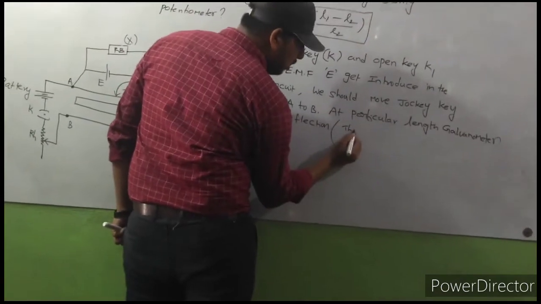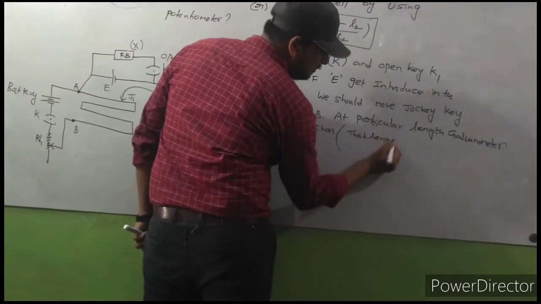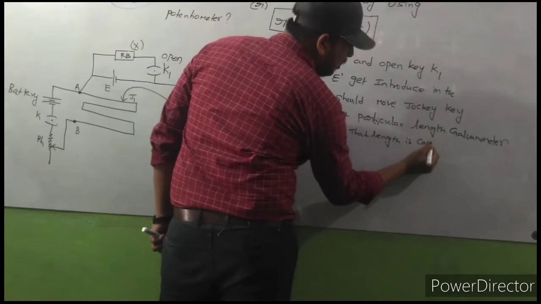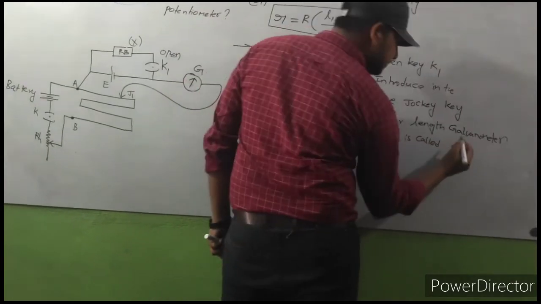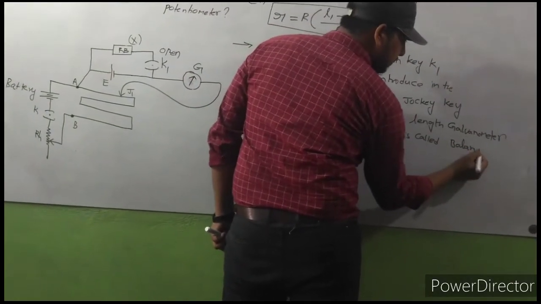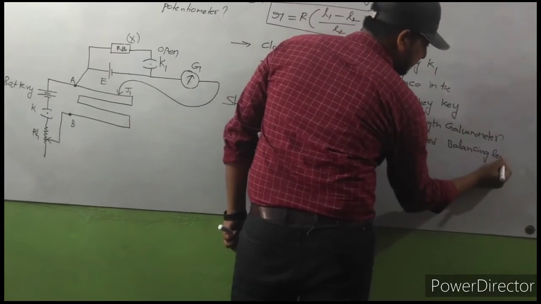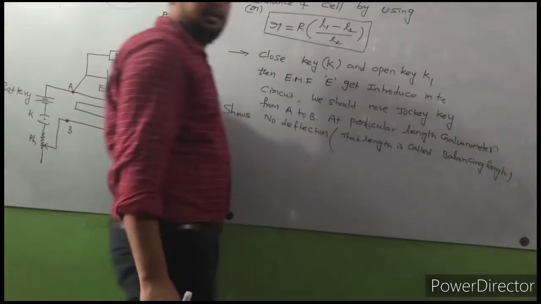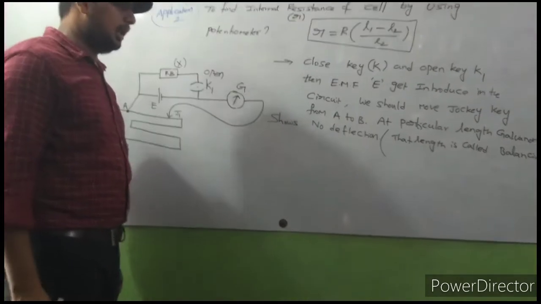That length is called the balancing length, or null point length.